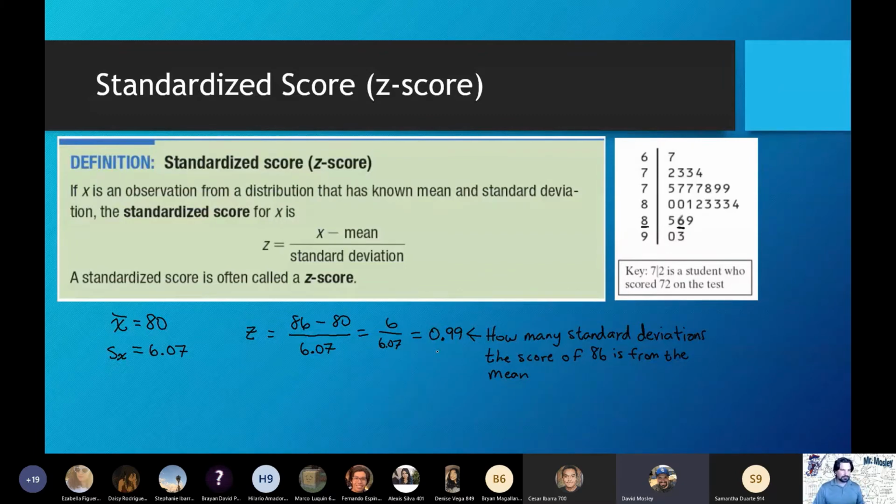And that obviously makes sense because 86 is greater than 80. If you get a standardized score that is a negative number, which will happen, like if I chose 67, I would get a negative number for the z-score. That means that the score of 67 is some number of standard deviations less than the mean.